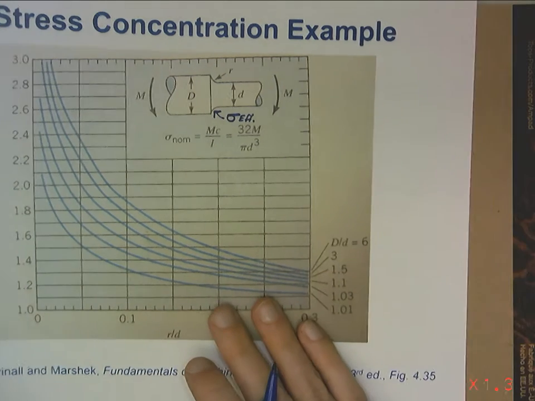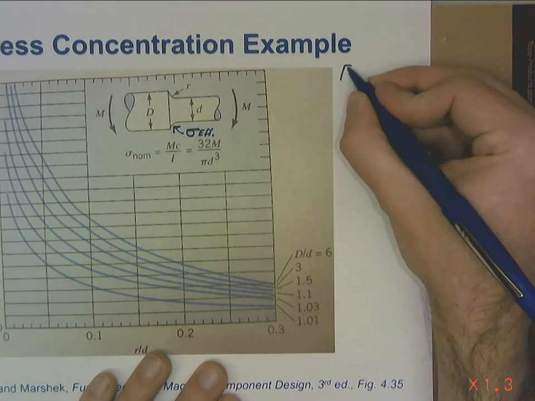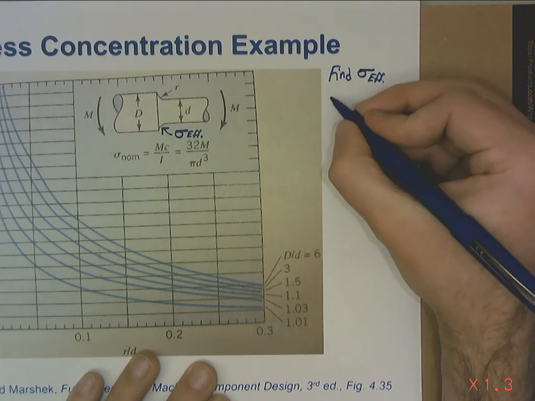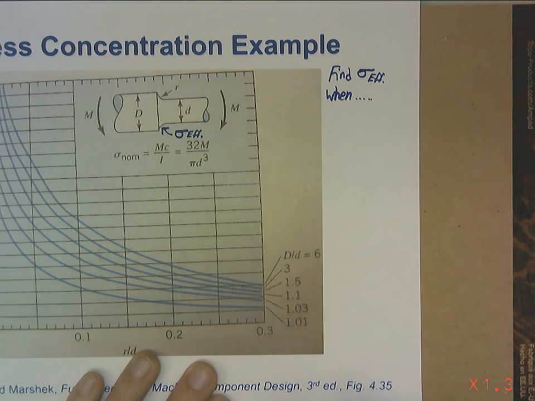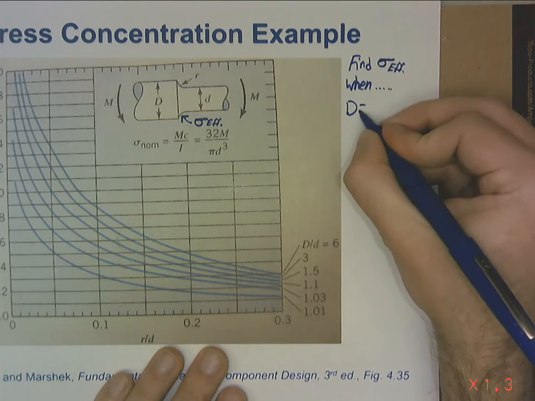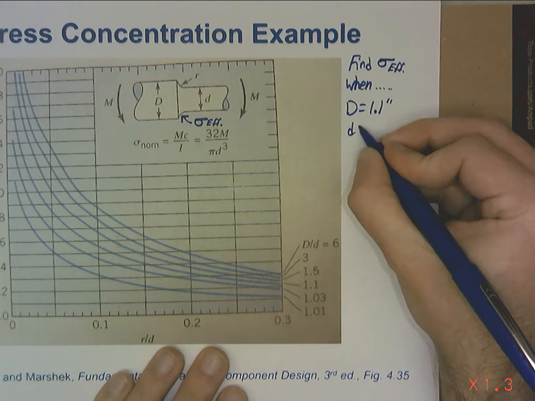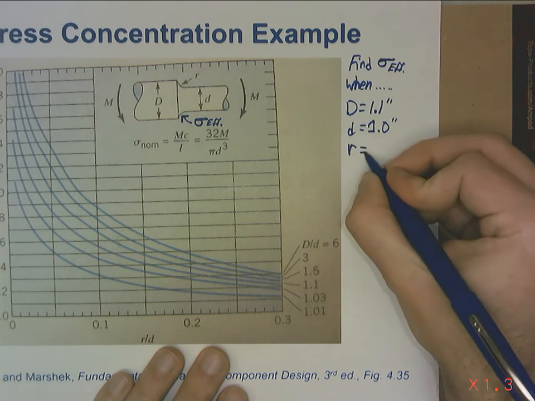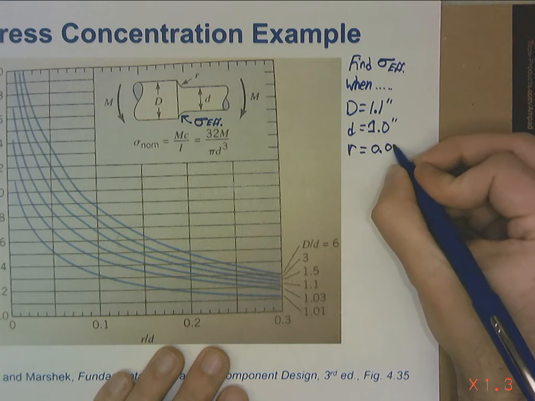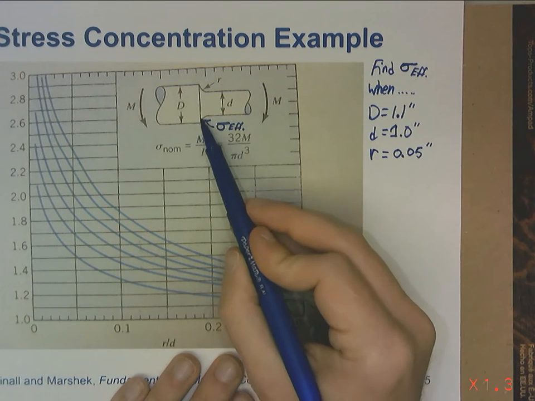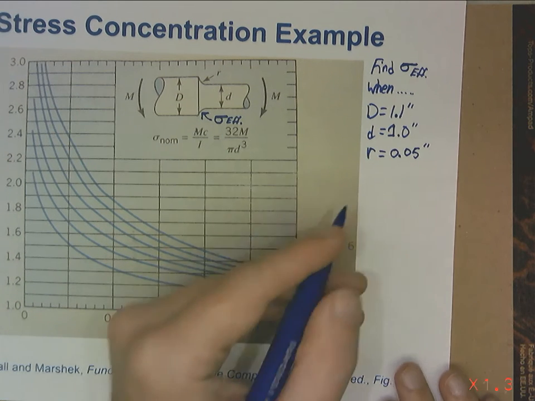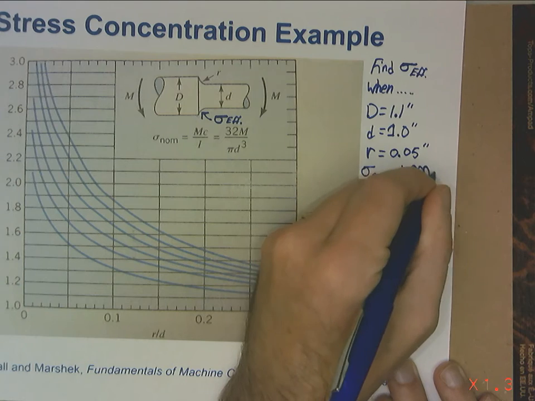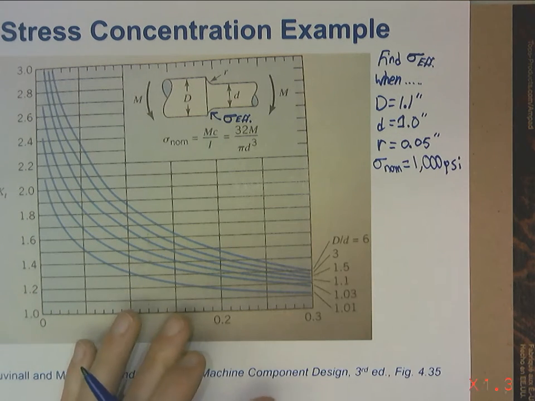We're going to find sigma effective when the large diameter is 1.1 inches, small diameter is 1.0 inch, and the radius is, let's do 0.05 inches. So that's the radius of this fillet here. And let's just give a nominal stress of 1,000 psi. Okay, so I'm choosing numbers that are easy to work with.